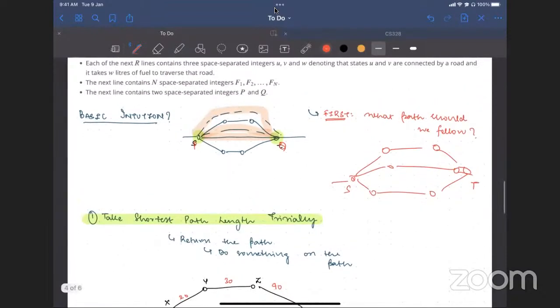To model this problem as a graph, if I have not been clear enough: there are n vertices, which are the states. There are 2 times r edges, because it is a directed graph. Each edge has a weight w, which is the cost of traversing the edge.